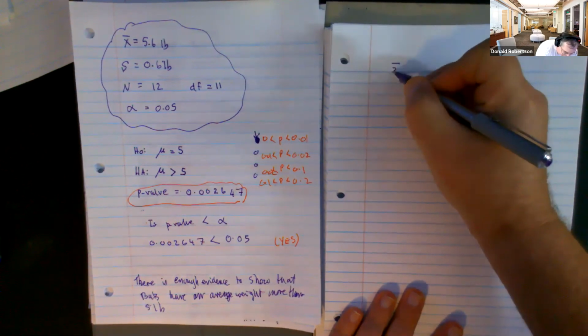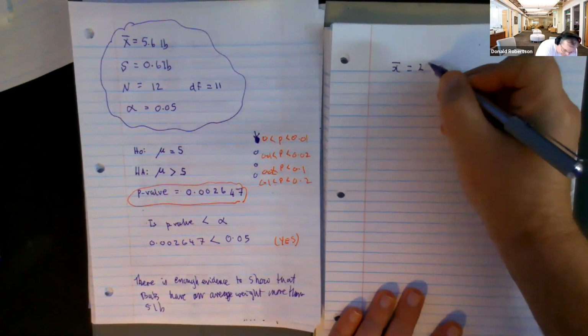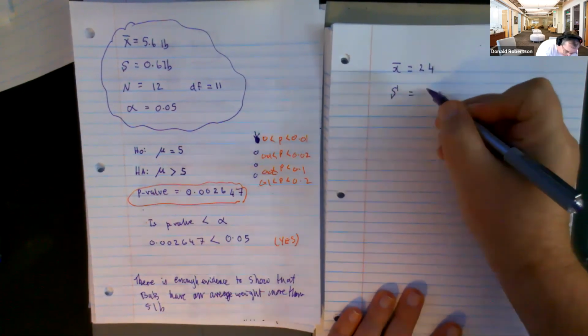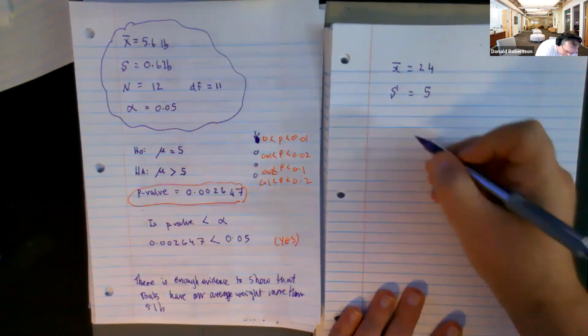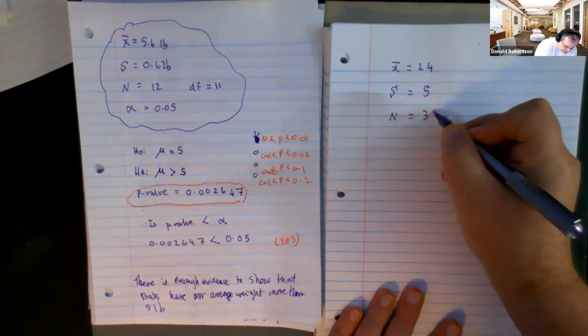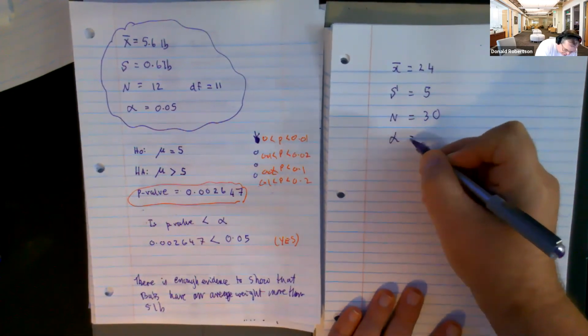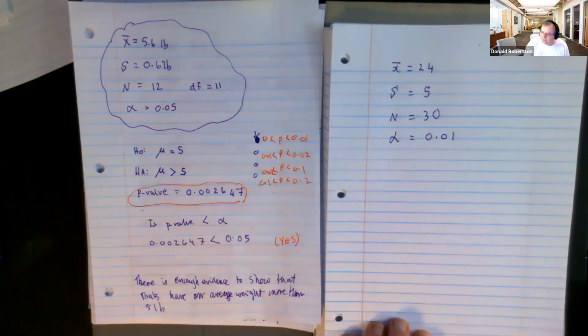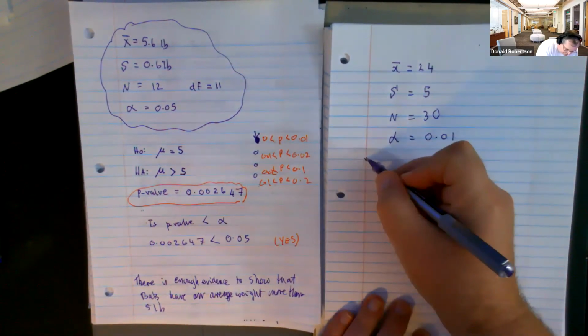We found that the average age was 24, the standard deviation was 5, there were 30 students in the class, and the significance level I'm going to choose was that one.